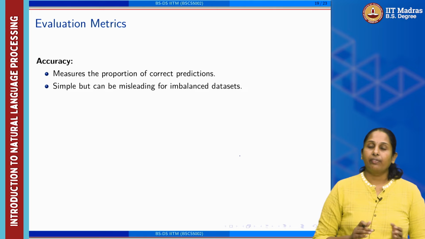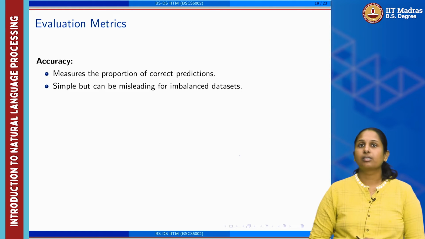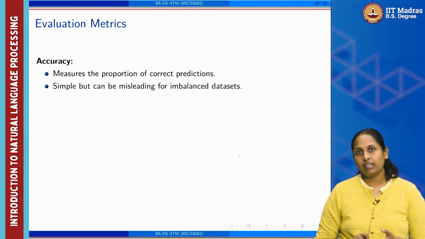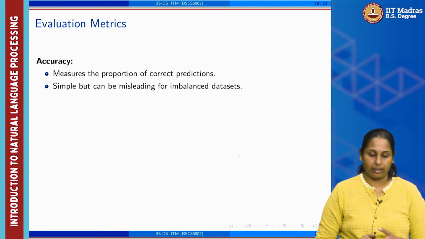So now we have seen three classification methods: naive Bayes, logistic regression, and k-means as a clustering method.